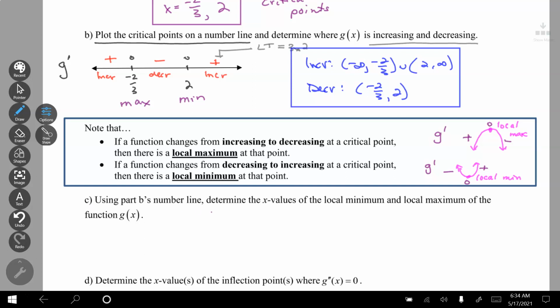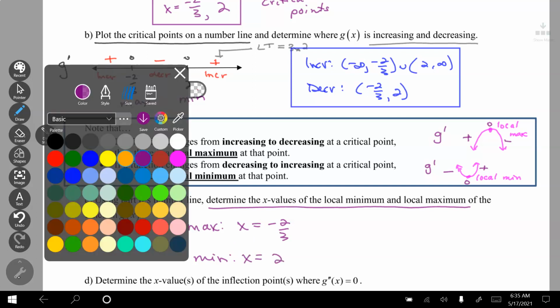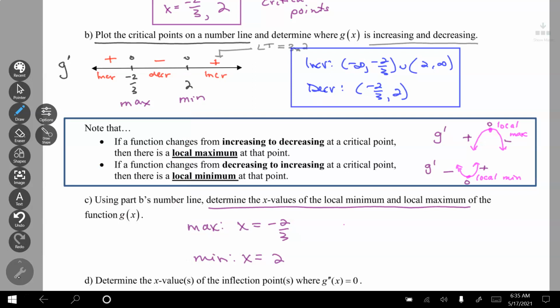So for part C, it says determine the local min and local max values. Well, I have a max at x equals negative 2/3. I have a min at x equals 2 because there's a max where g prime goes positive, 0, negative, and there's a local min where g prime goes negative, 0, positive.